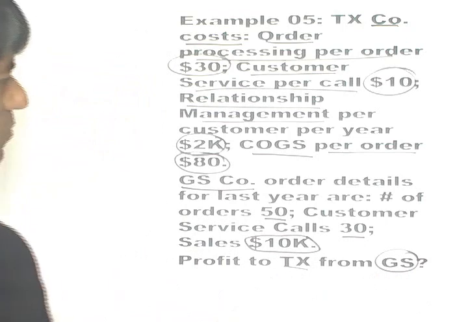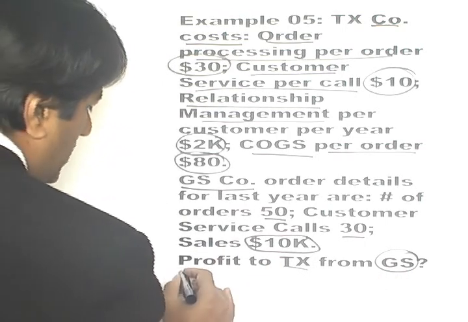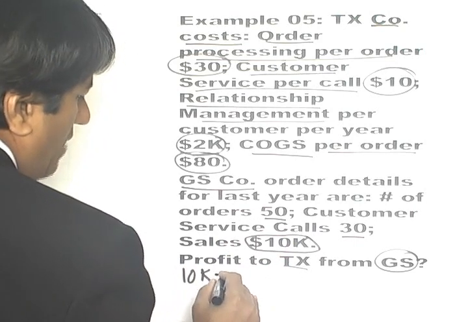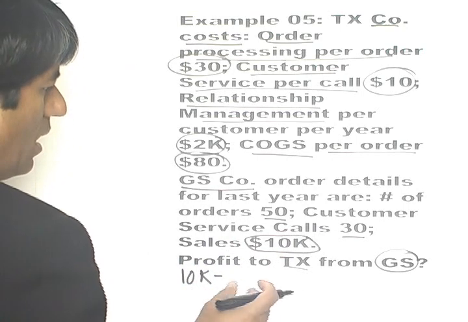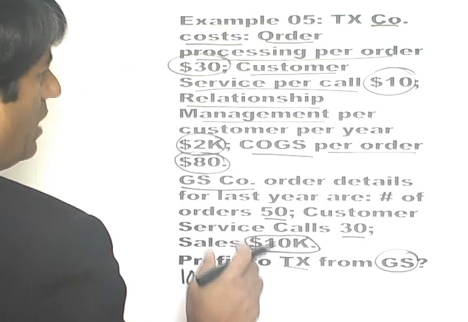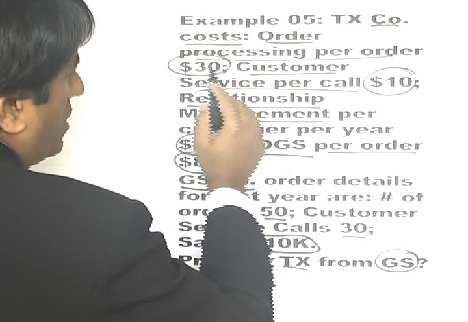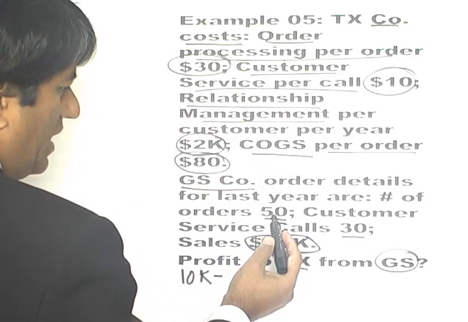So to do that, what we do is we look at the revenues which this account produces, which is 10,000. And from that, we subtract the different costs. Well, what is the first cost that we have here? It is order processing cost, so that's $30 per order. And how many orders are there? There are 50 orders.